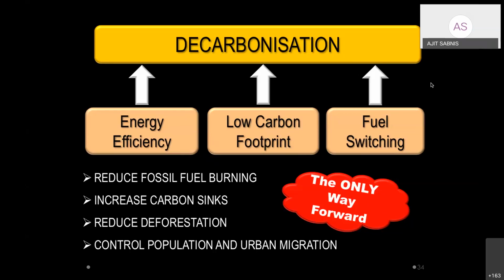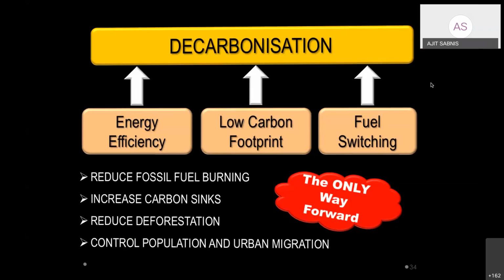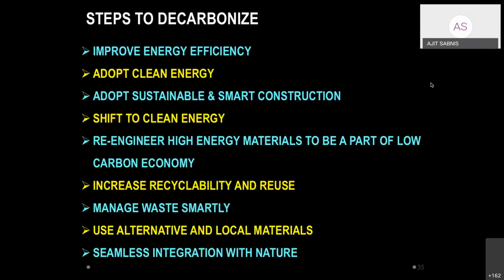We need to increase the green area and the forest area so that carbon absorption from the atmosphere considerably increases, reduce deforestation, and foremost, control population and migration. Our rural areas are not at all affected to the tune we are discussing. Ultimately, the urban scenario is the issue.